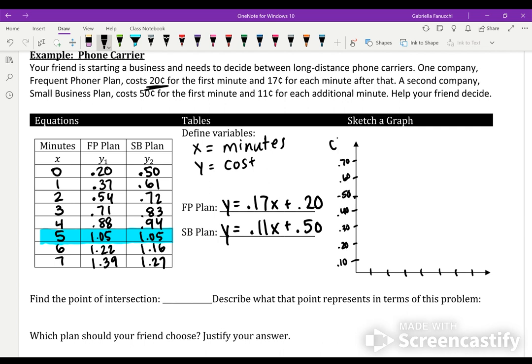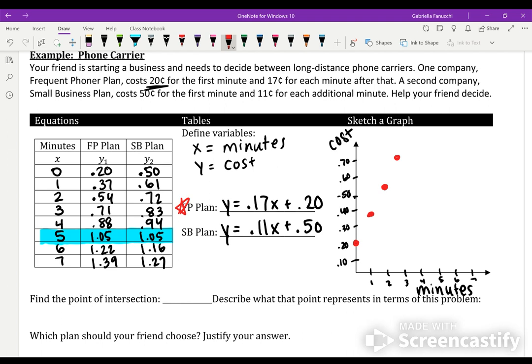So again, this is cost and this is minutes: 2, 3, 4, 5, 6, 7. To start off the graph, the frequent phoner plan is going to be in red. I'm starting off at 20 cents and going up 17 cents. So I should go to 37 cents next, which should be about right here. At 2 minutes, it's 54 cents. At 3 minutes, it was 71 cents.